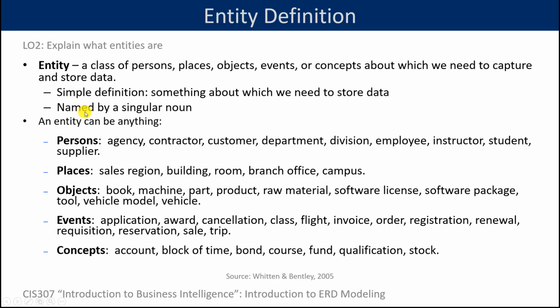Let's use the following convention. Entities are typically named by a singular noun. So if you have an entity that will store information about students, meaning many students, you will use a singular noun, student, without s at the end, okay? And I think it makes sense, first of all, for the sake of consistency, where everybody uses the same grammatical form for naming entities. And it also makes sense from the perspective of this definition.